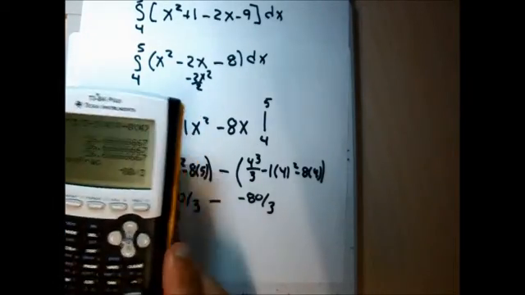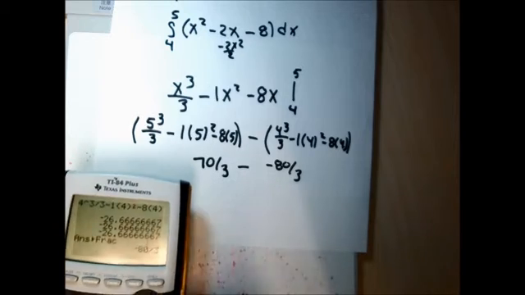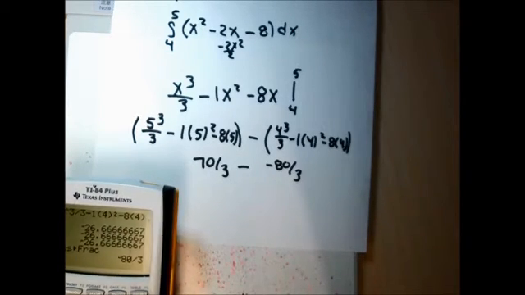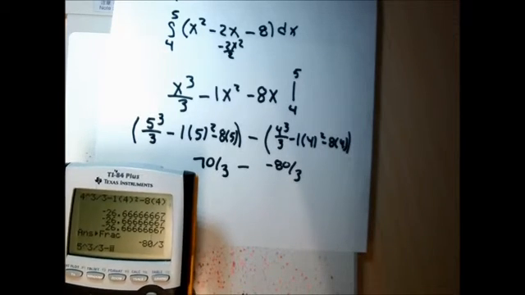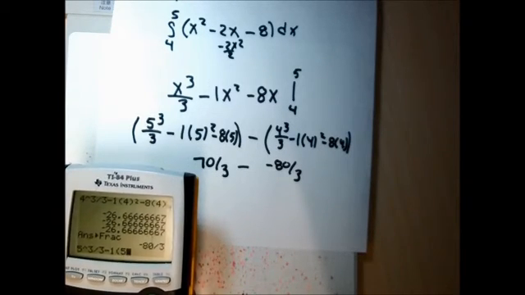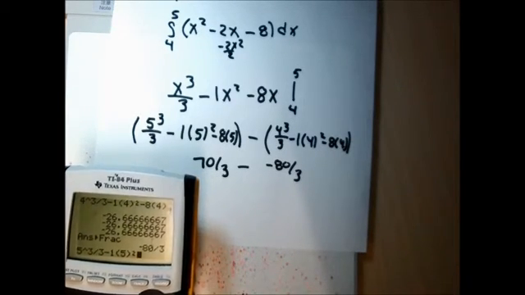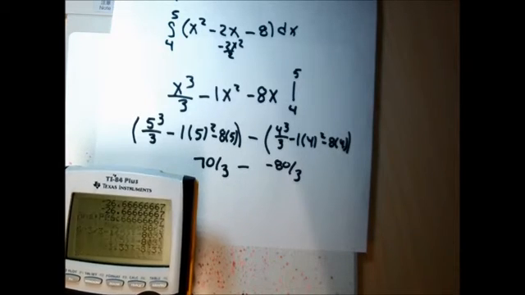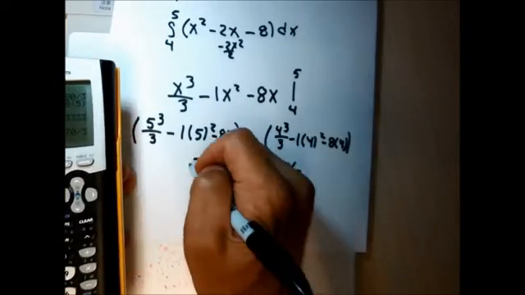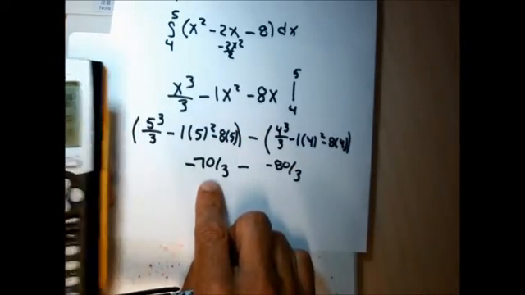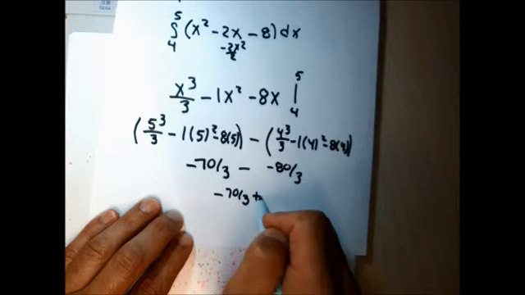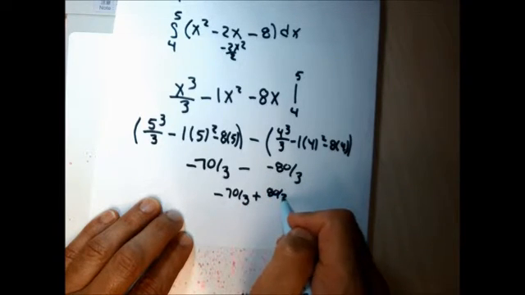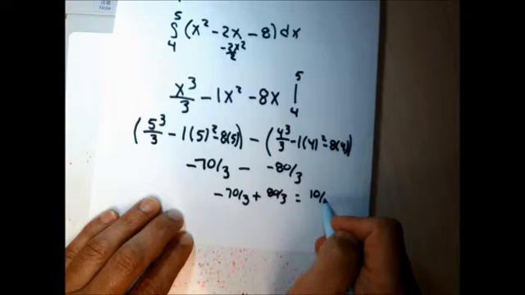I'm afraid I forgot a sign. I'm going to do this again. We do that 5 up arrow cubed divided by 3 minus 1 times 5 squared minus 8 times 5. It was negative. Forgot the negative sign. So this is negative 70 over 3 plus 80 over 3. That's going to be a positive 10 over 3.